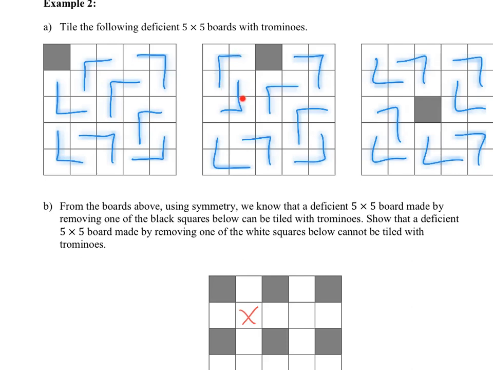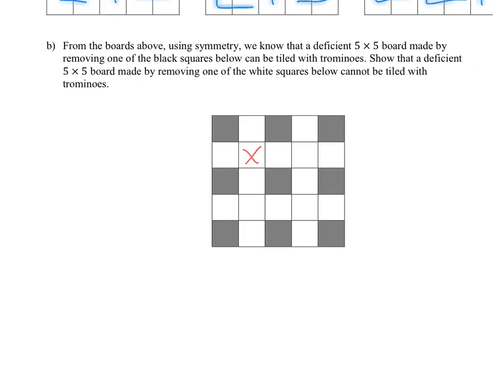Well, 1, 2, 3, 4, 5, 6, 7, 8 Trominoes fit into that grid. So the space that we need is 8, and that makes sense. 8 times 3 is 24, plus that one missing square makes 25. So back to our problem below, we know that 8 Trominoes are needed to fill in the rest of the space.